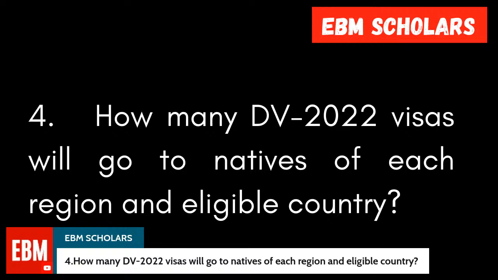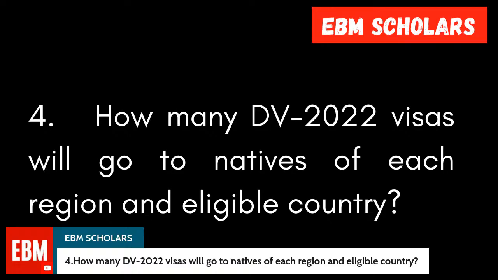There is a particular formula under the United States Citizenship and Immigration Services. They have a special formula which determines the limit of each region. I usually tell people that the entire world is divided into 6 regions.